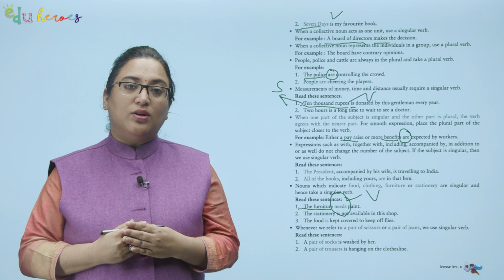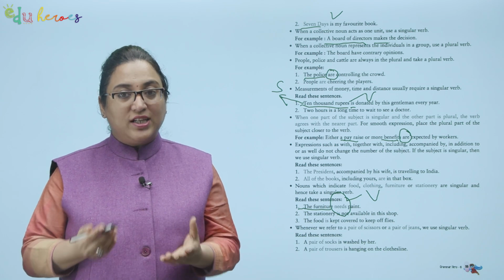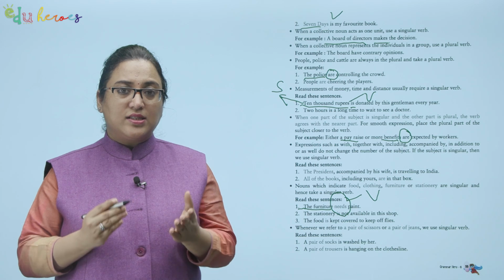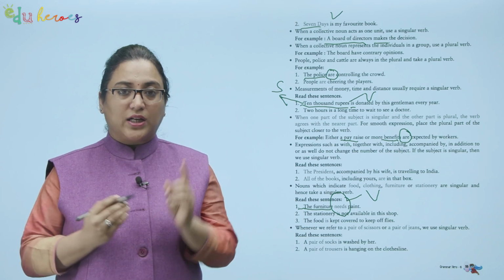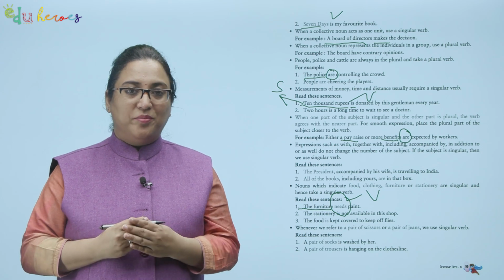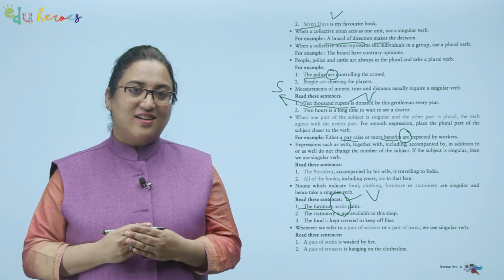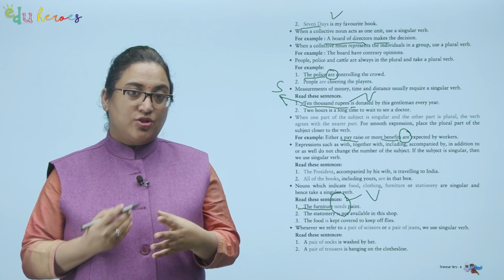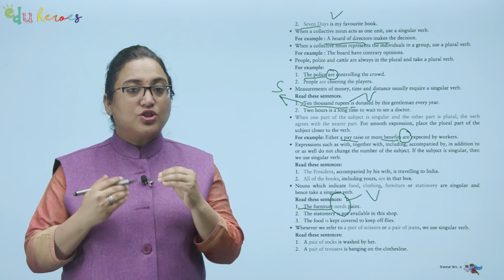Whenever we refer to a pair of scissors or a pair of jeans, we use singular verb because we are considering this as singular subject, one thing. So matching this, we will use singular verb. Let's read these sentences. A pair of socks is washed by her. Children, don't get confused by just socks.